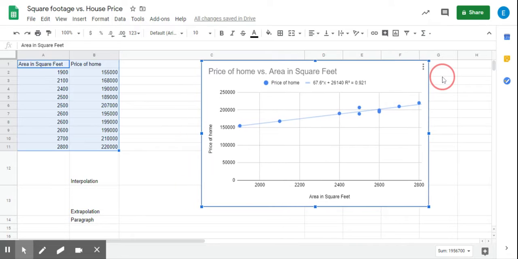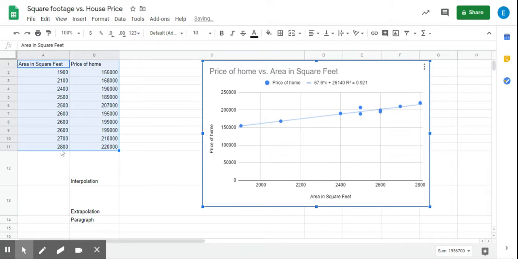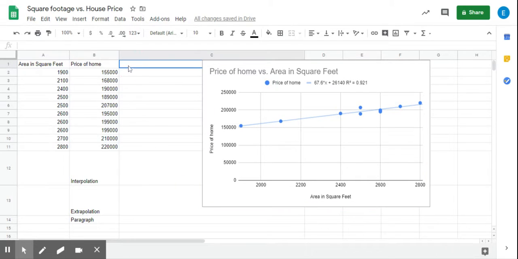So here's my line of best fit, and here's my equation. If you look, it's y equals 67.6x plus 26,140.